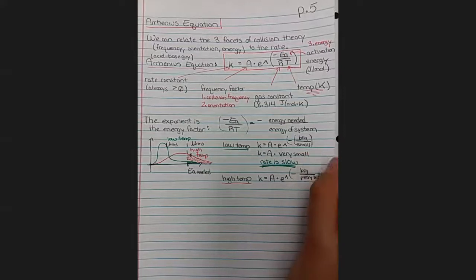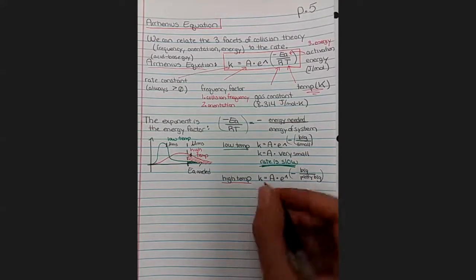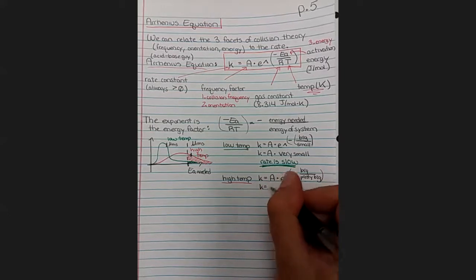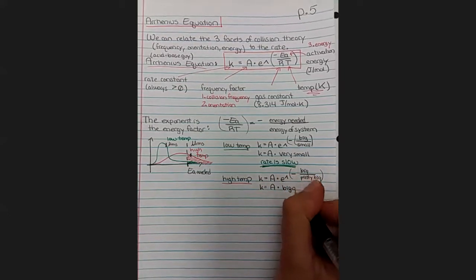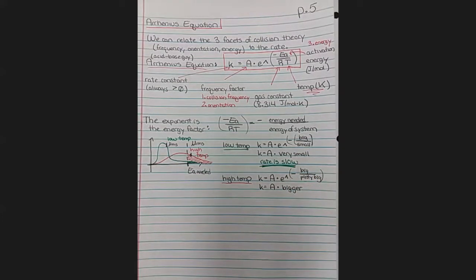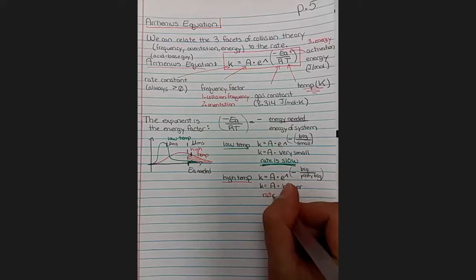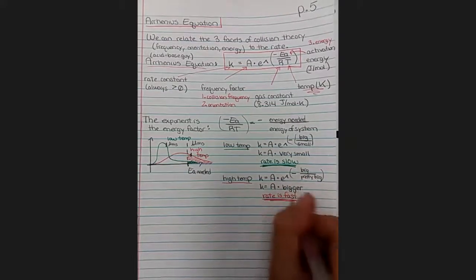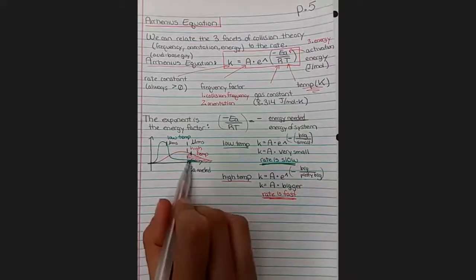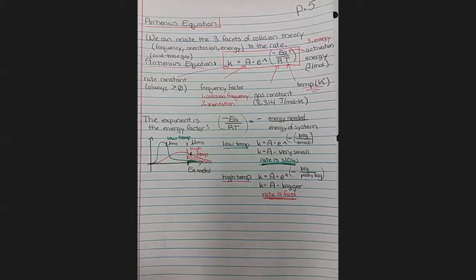It may not be that all of the molecules have enough, but it'll be pretty close. So this number is going to be a lot closer to 1. That means it's going to be K equals A times something that's bigger than the last one at least. That means K is going to be bigger, rate is going to be faster. Just like we said before, more of the molecules have the energy that it takes to climb the mountain, so the rate is going to be faster.